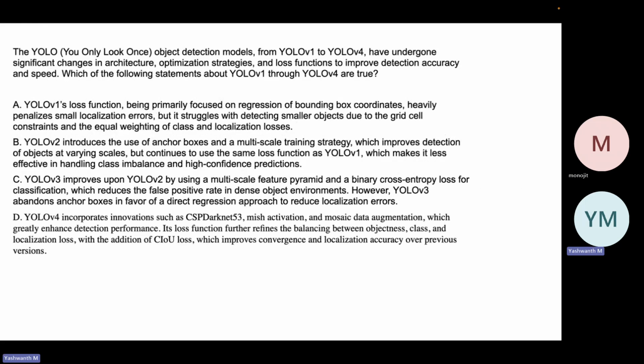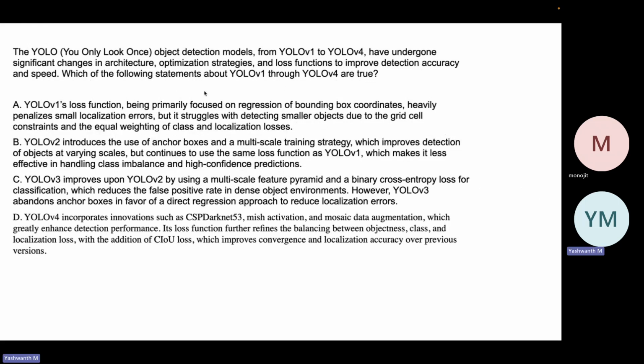The YOLO object detection models from YOLO version 1 to version 4 have undergone significant changes in architecture, optimization, and loss functions to improve detection accuracy and speed. Which of the following statements about YOLO V1 through V4 are true?